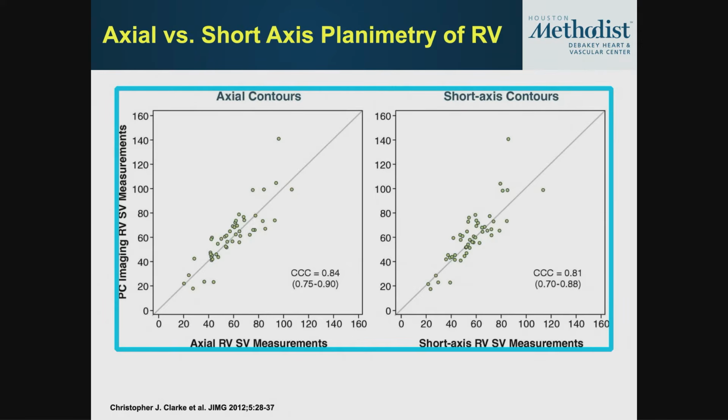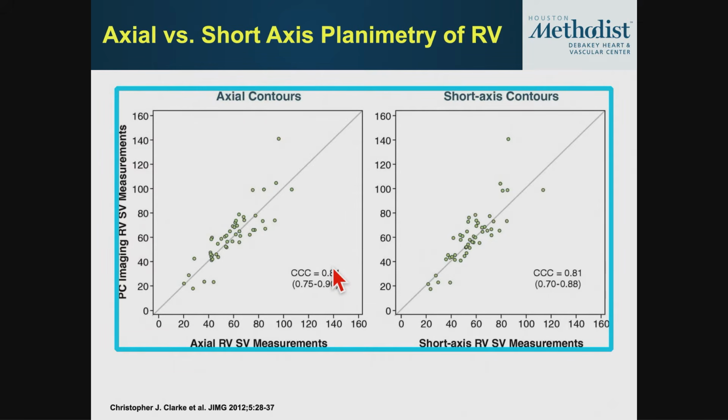But the reality is, and this was a particular study done a few years ago, where somebody went through and did it both ways. They had a bunch of patients, they scanned them both by short axis as well as the axial or long axis stack of views, and then said, okay, what's my stroke volume based on these two different methodologies, and how does that compare to the flow coming out of the pulmonary artery?